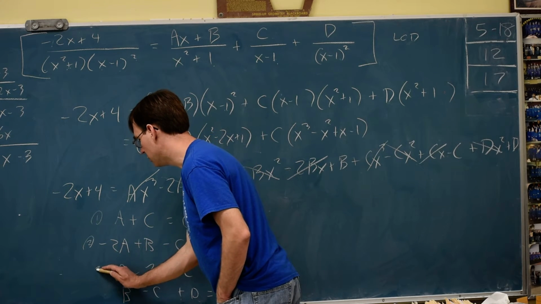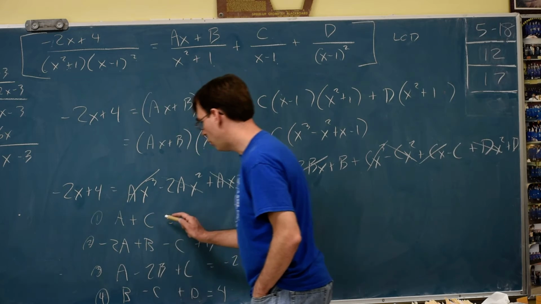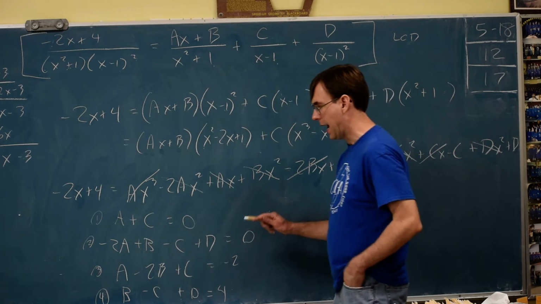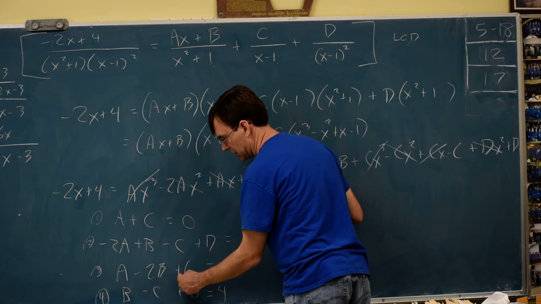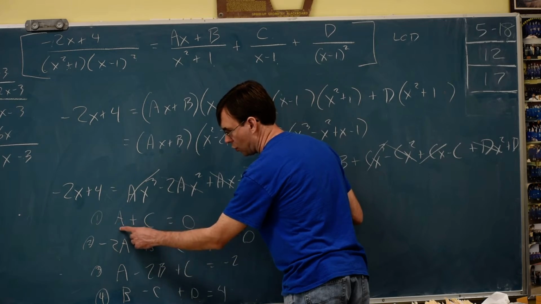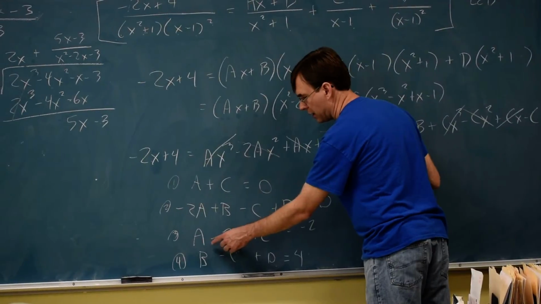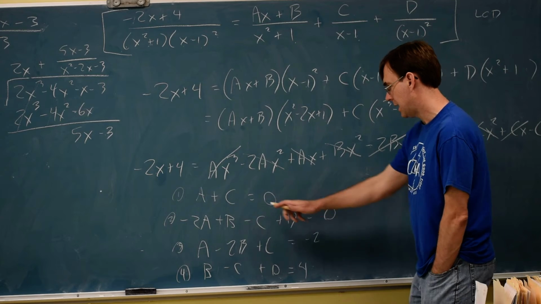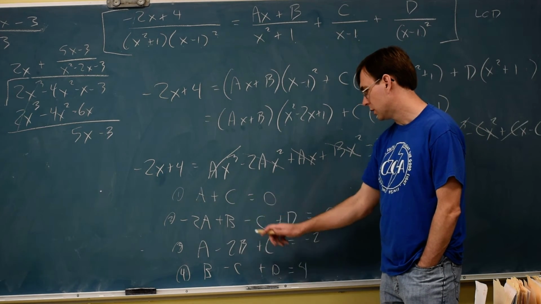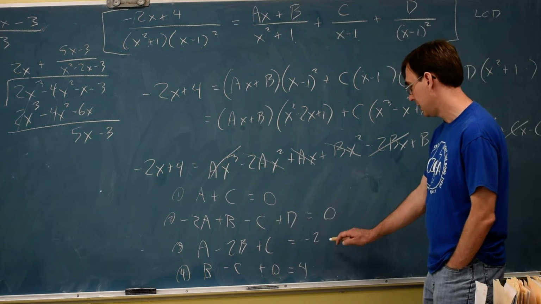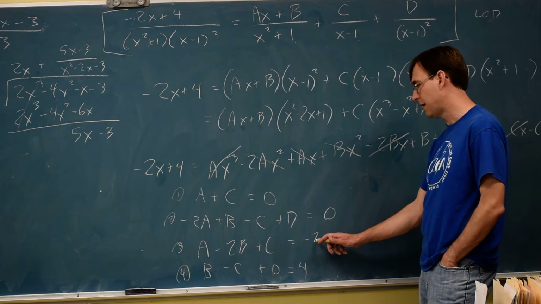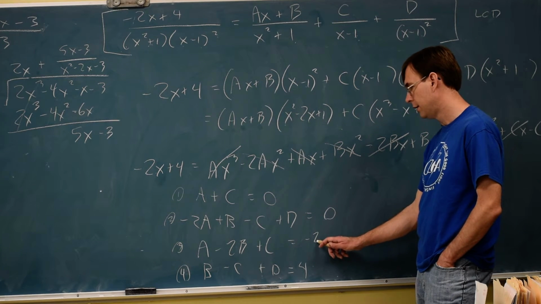I'll number them 1, 2, 3, 4. 1 and 3 are almost a match because they both have a plus c's. So we can play equation 1 and 3 off of each other because if we would switch the signs of either of them, let me think about switching the signs of this one.